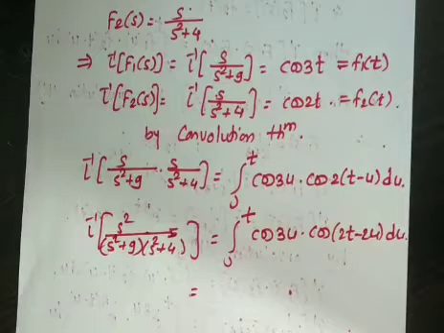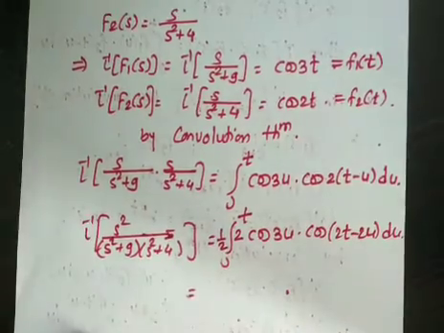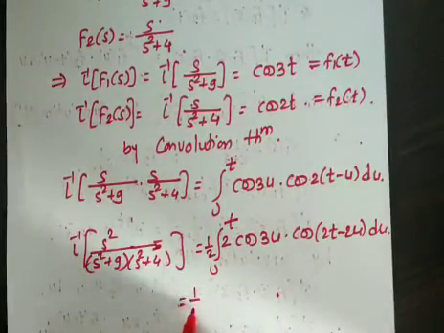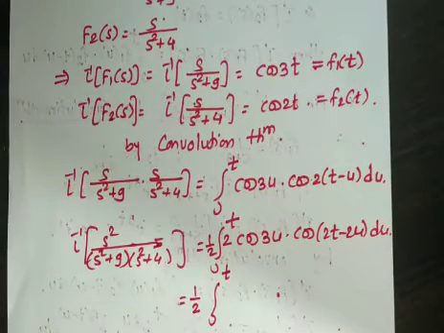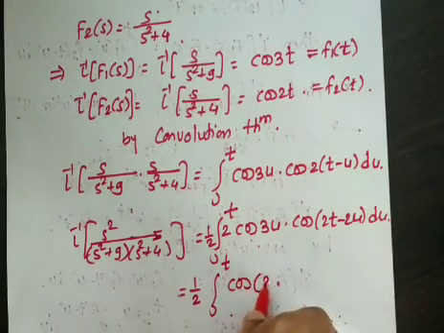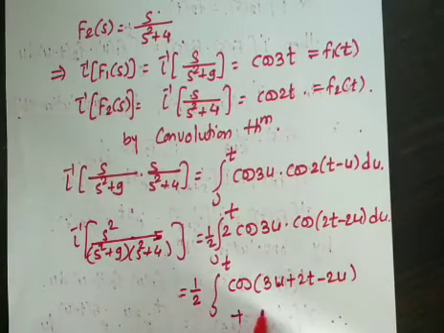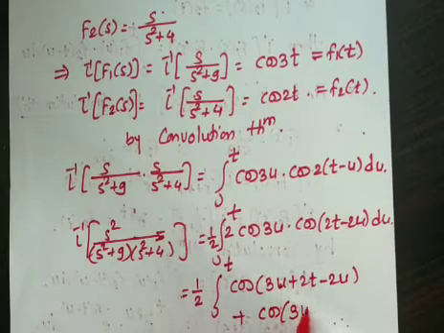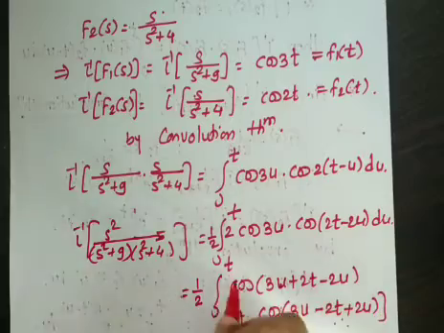This is of the form cos A cos B. We have a formula for 2 cos A cos B, so we'll adjust that: 2 cos A cos B is equal to cos(A plus B) plus cos(A minus B), that is cos(3u plus 2t minus 2u) plus cos(3u minus 2t plus 2u) du.